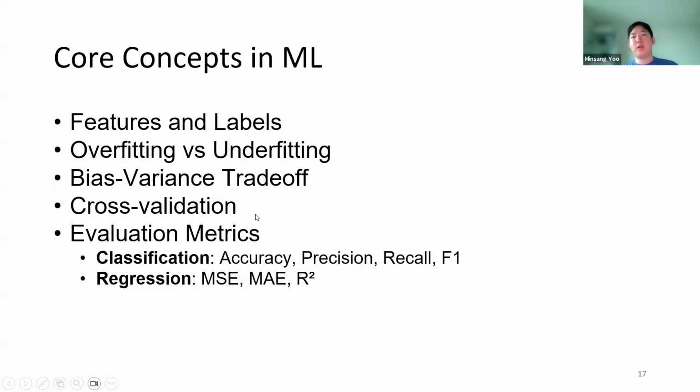Cross-validation is used when we are trying to teach our machines. Let's say we have 100 lines of data. We don't use all these 100 lines to teach the machine.